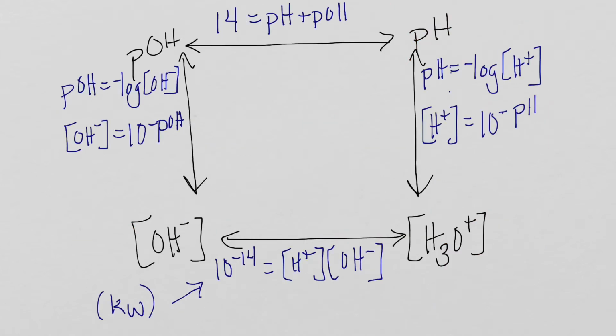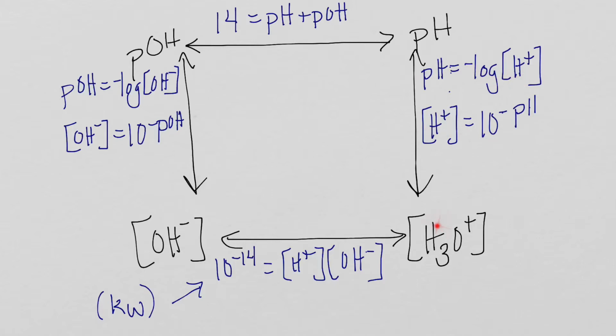Okay, so this is a really nice roadmap for all of these calculations. Now, if you're trying to get from pH to hydronium or hydrogen ion concentration, you can go this way, and you can use this equation, depending on whichever one you're trying to find.